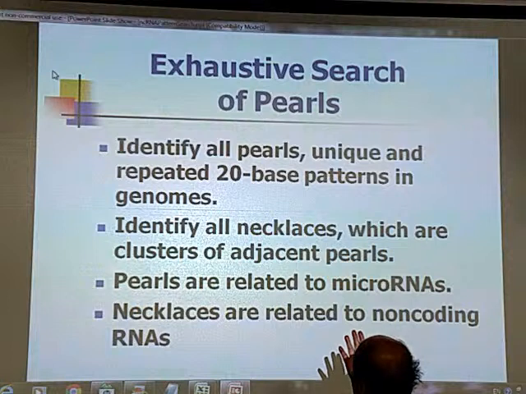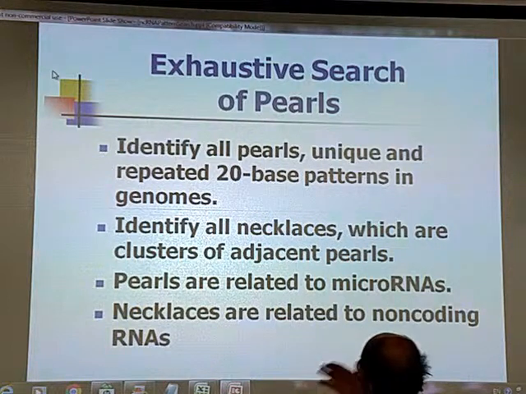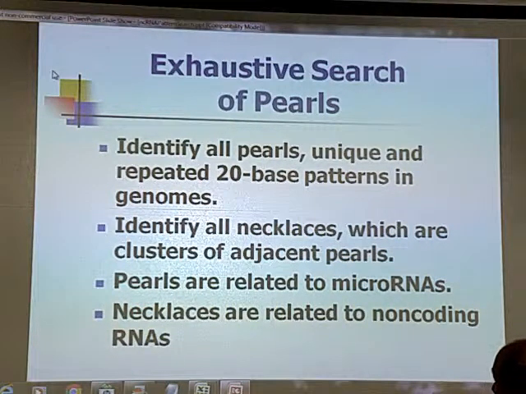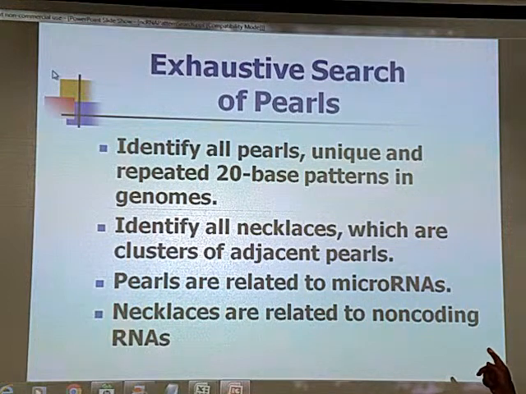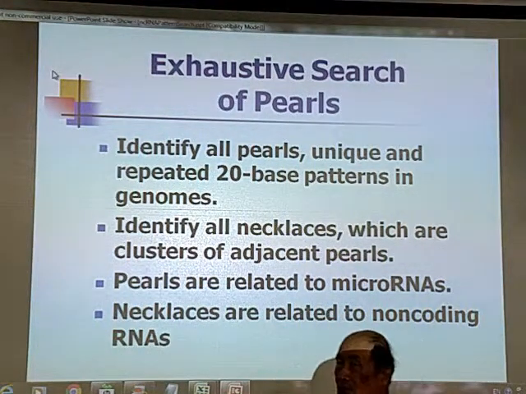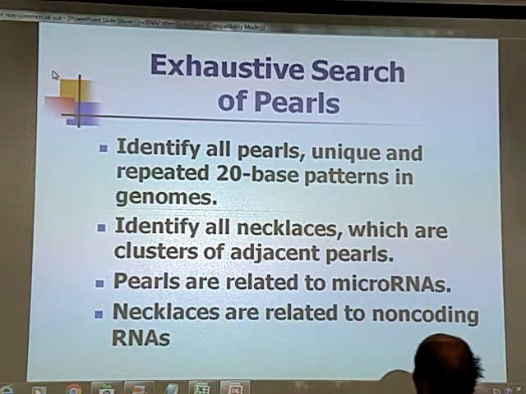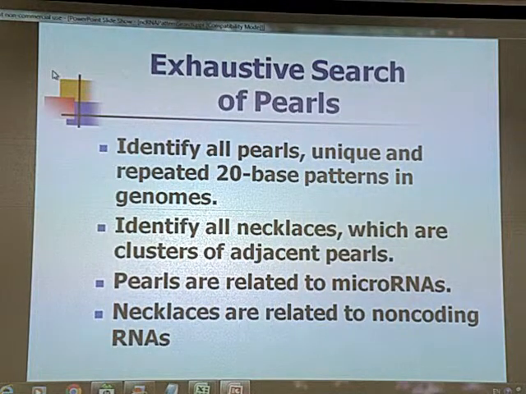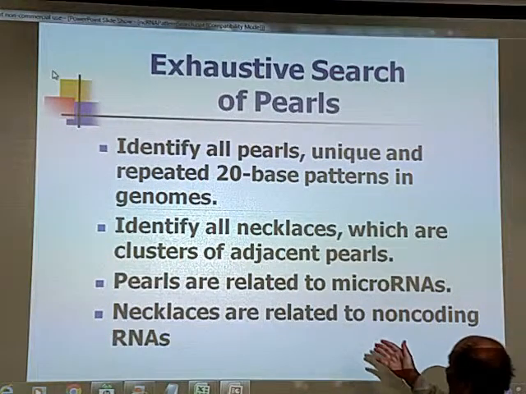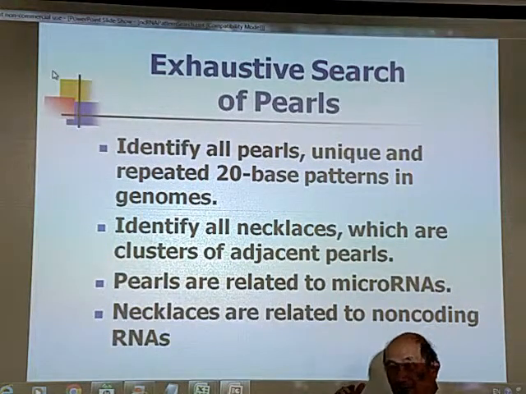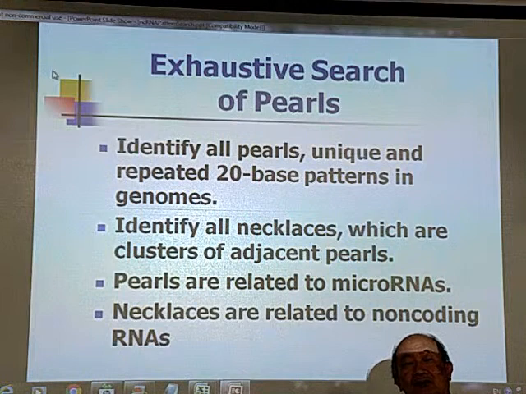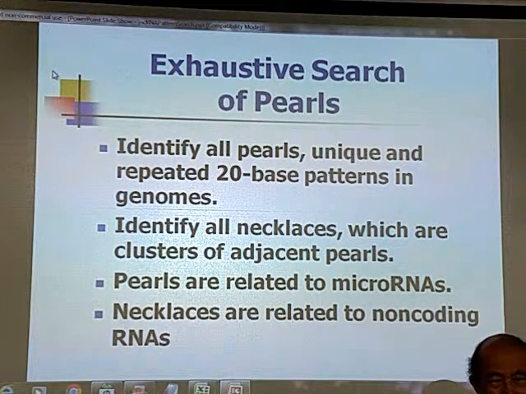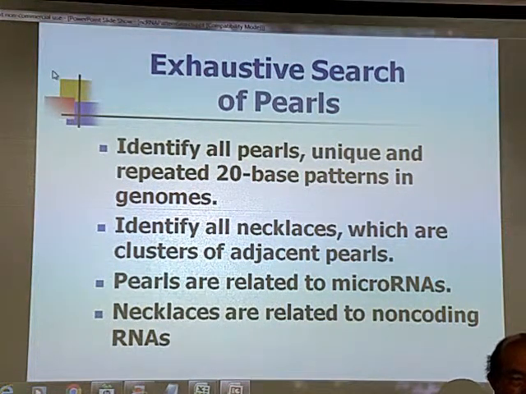And once I got the pairs, I will look to see how the pairs are distributed in the genome and identify necklaces. Necklaces are just clusters of adjacent pairs. So the idea is that the pairs are related to microRNA, are related to the basic instruction set of the cell computer.